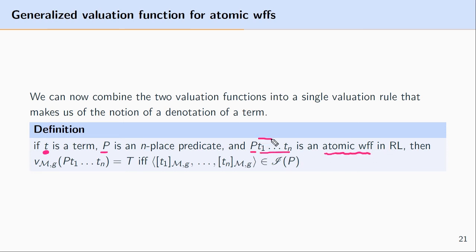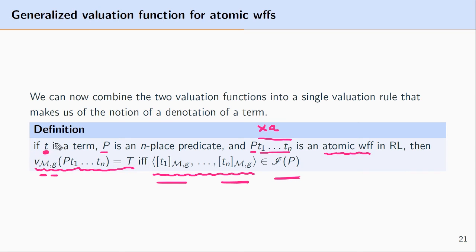Since it's followed by n terms, these terms can be variables or names. We can specify that this formula is true relative to the model and the variable assignment if and only if the n-tuple that consists of the denotation of the terms is in the interpretation of the n-place predicate. So one more time.